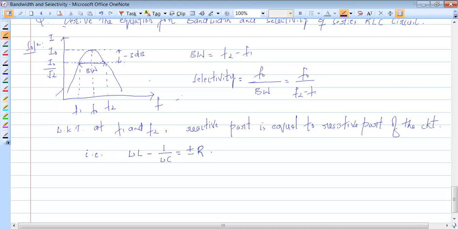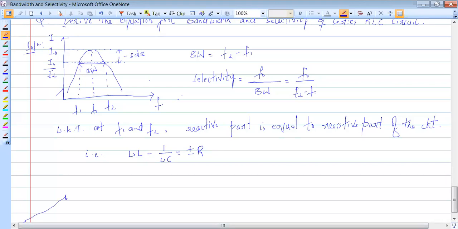Since we are dealing with the two frequencies F2 and F1 at half power frequencies, we shall associate positive R with F2 or omega 2 and negative R with F1 or omega 1.